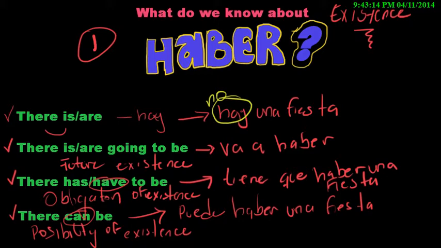Is there a party? You can say hay una fiesta, or, that's the only way. The same with going to be. Va a haber. The negative form is no va a haber una fiesta.